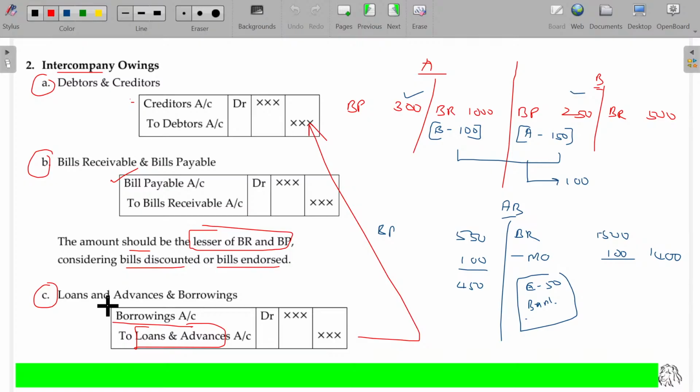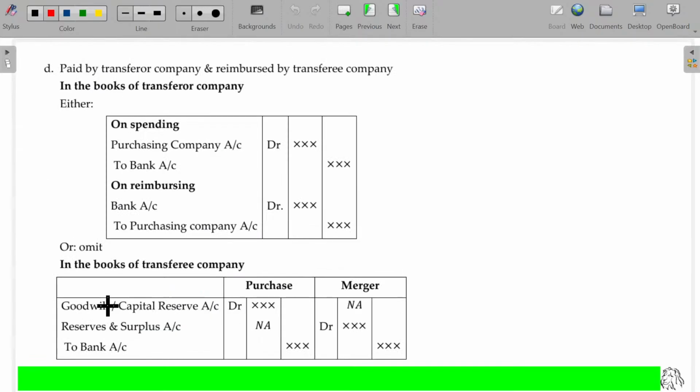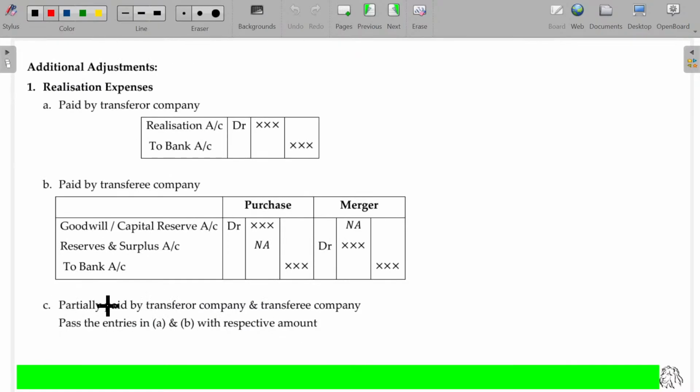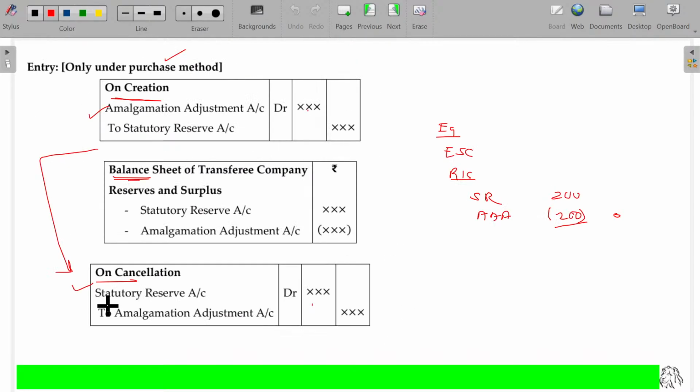We have three components: debtors, creditors, BR, BP, as well as loans and advances to borrowings. In case of BR and BP, if two values are given, the lower of these two values will be taken. The reason I already explained, it's due to the discounting of the bill as well as endorsing the bill. Clear? And I think I have to explain the realization expenses concept. And this one also completed.